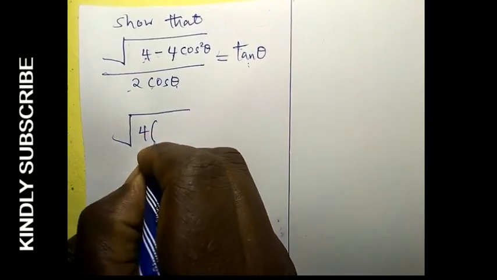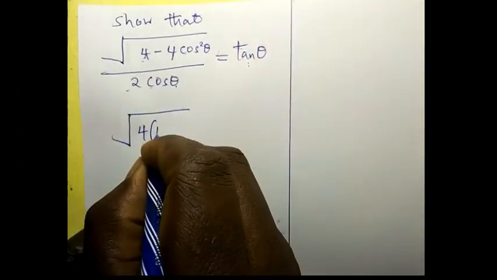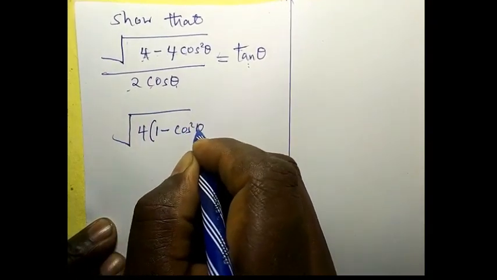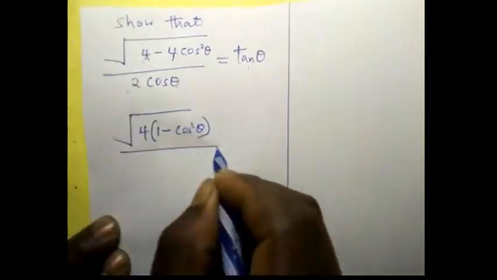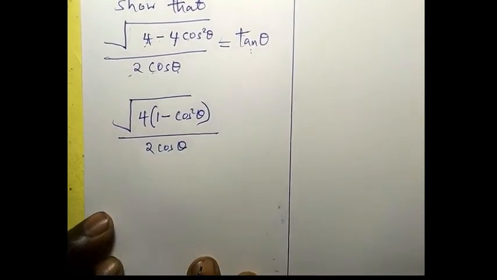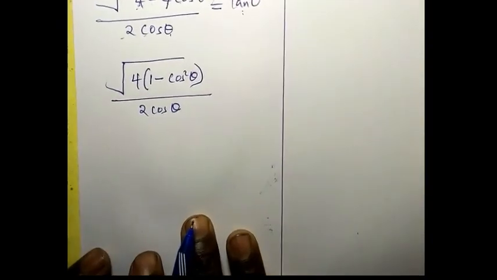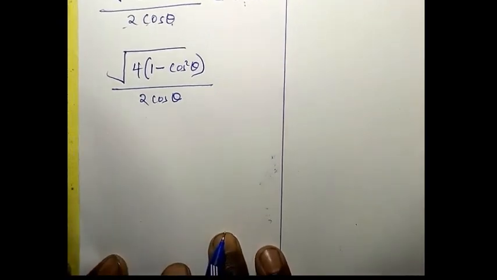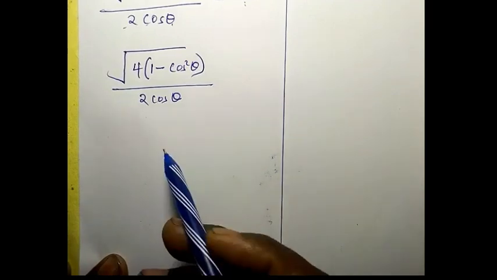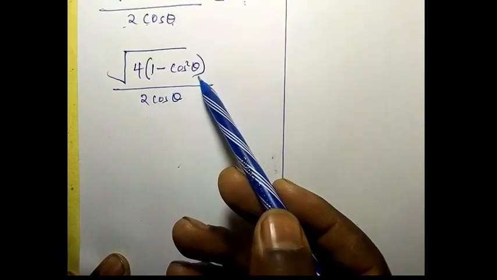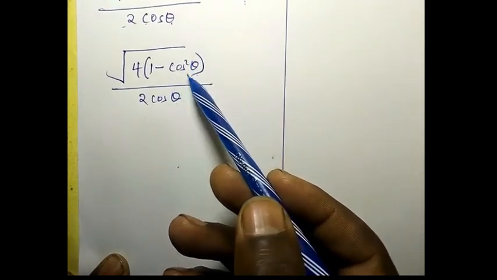34 into 1 minus cos square theta. That's what we start with, cos theta. Very important. That's why you need to master the equations I gave from the beginning. But we know, what is this? 1 minus cos square theta is simply sine square theta.